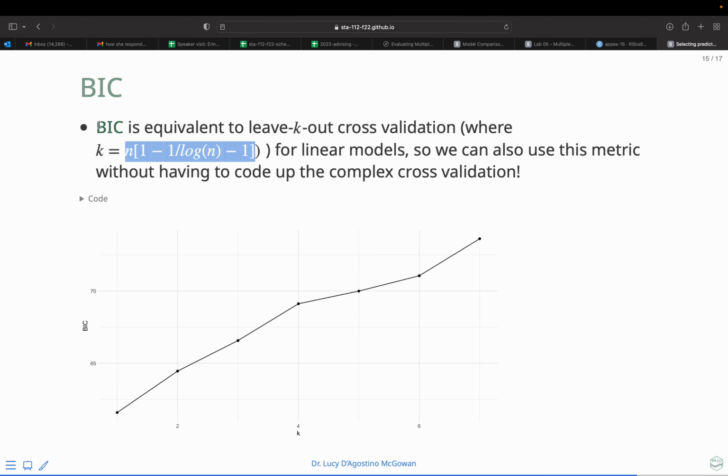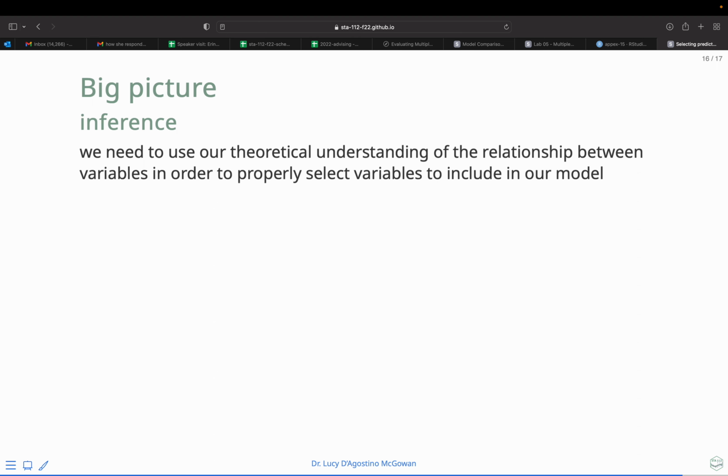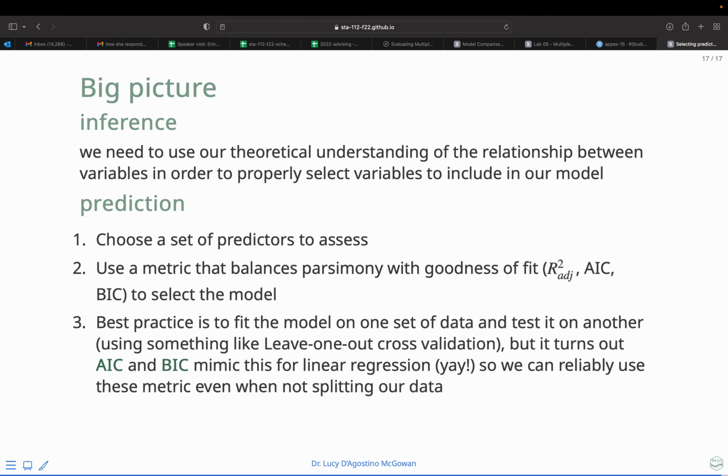So the big picture here is that for inference, we need to use our theoretical understanding of the relationship between our variables to properly select what to include in our model. For prediction, we can iterate a little more. We could choose a set of predictors to assess, and as long as we pick a metric that balances parsimony with goodness of fit, so something like adjusted R-squared, AIC, or BIC, to select our model, we should be good to go.